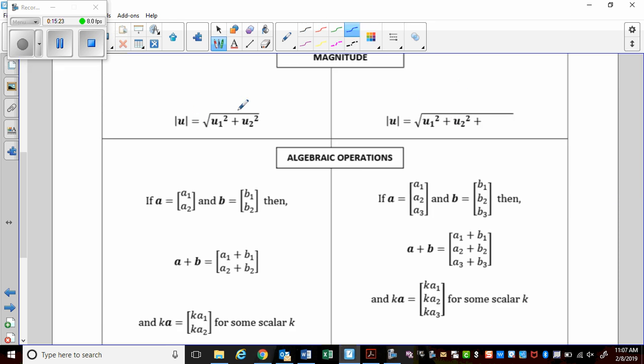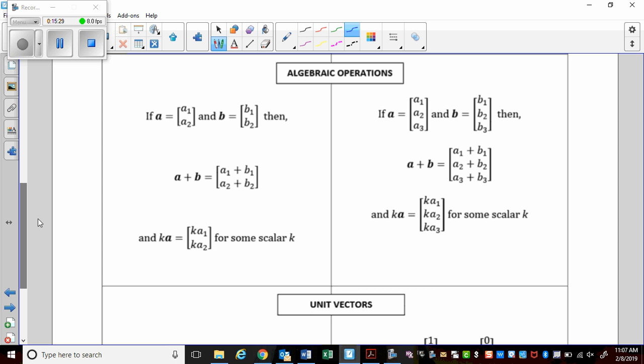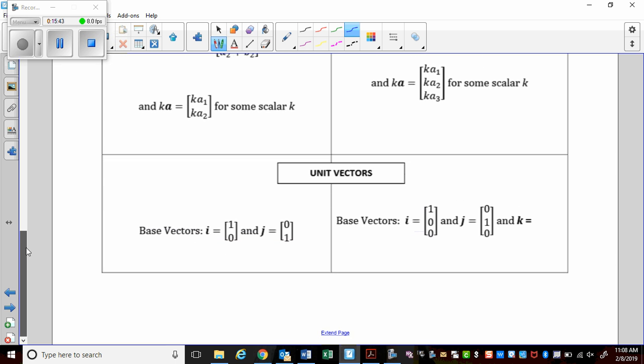Magnitude is kind of like the distance formula: u1 squared plus u2 squared plus u3 squared. Same thing. Algebraic operations are going to be similar. I don't think there's anything for us to fill in here. It's pretty much the same. Unit vectors, it's going to be 0, 0, 1 for k. Now we're going to use i, j, and k.